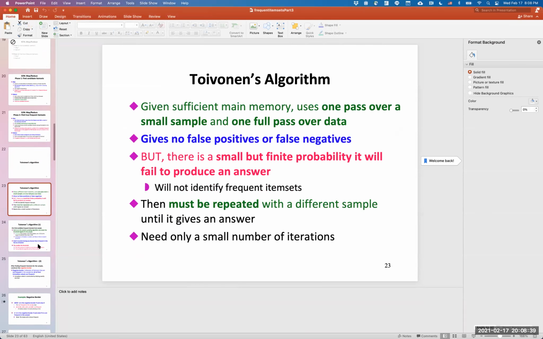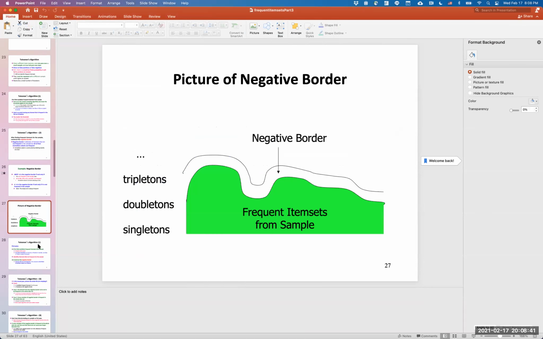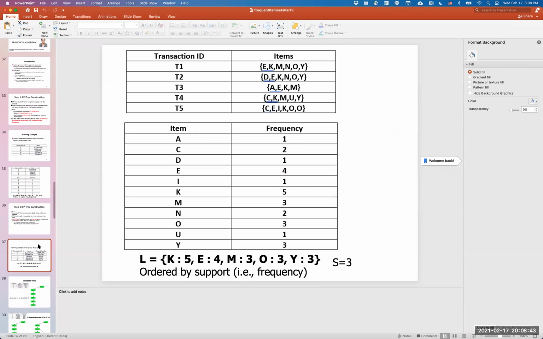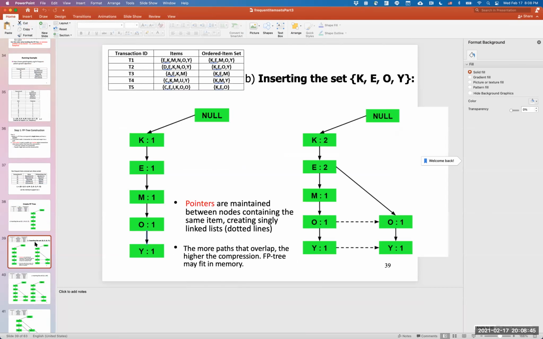For example, when we go from K to E to O, this is the second time we find the O, because we already covered KEMO in the last case.